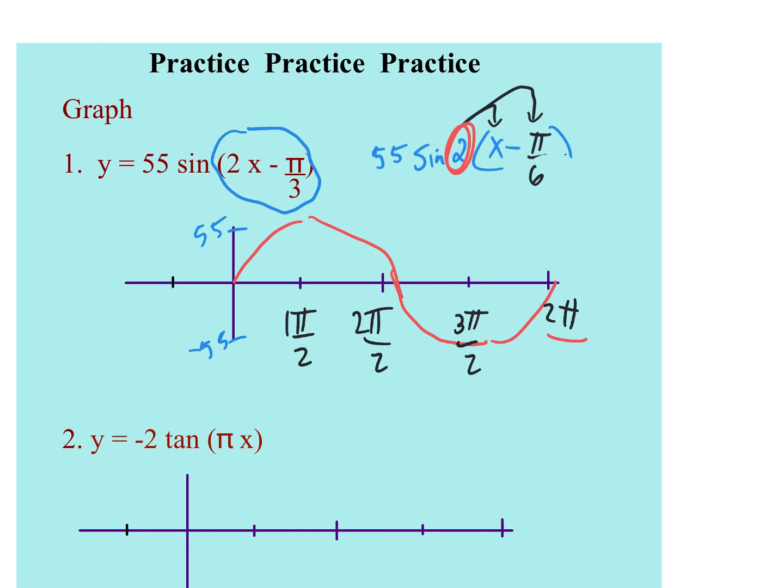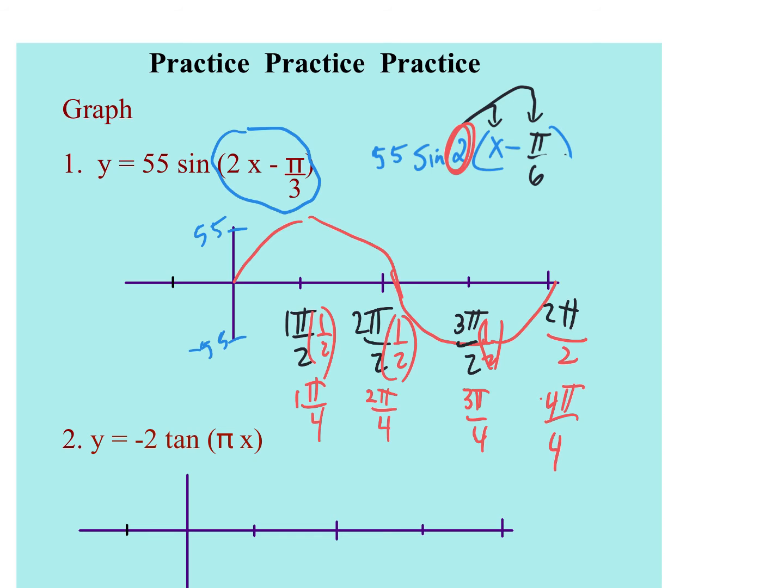I go through and multiply everything by a half. And that makes this 1 pi over 4, and that's the key, because I know I'm counting by 1 pi over 4s now. The next would be 2 pi over 4. And yes, that reduces, but I like to just leave it. 2 pi over 4, 3 pi over 4, and 4 pi over 4.